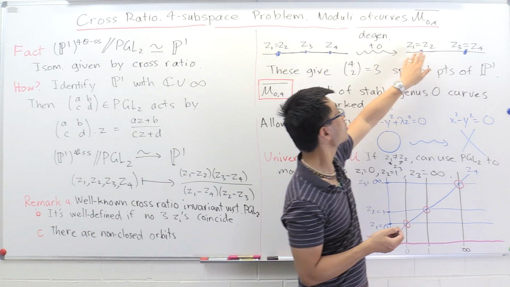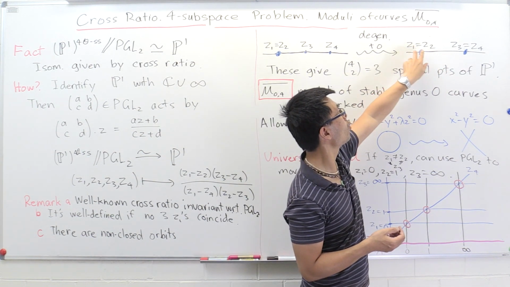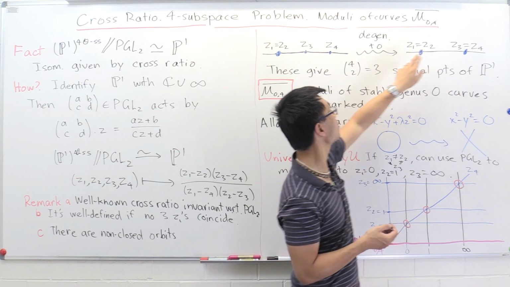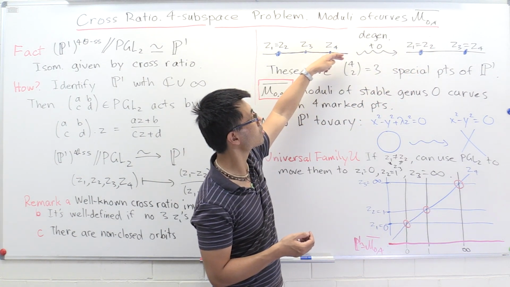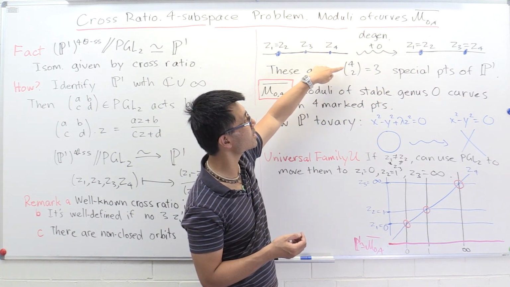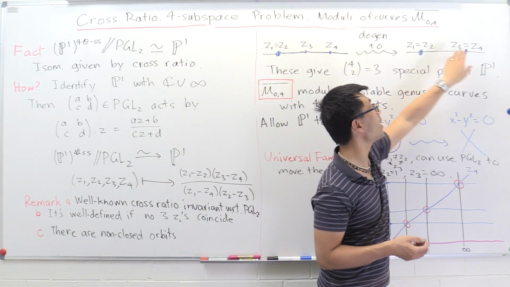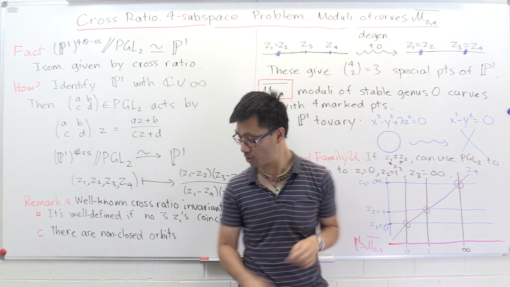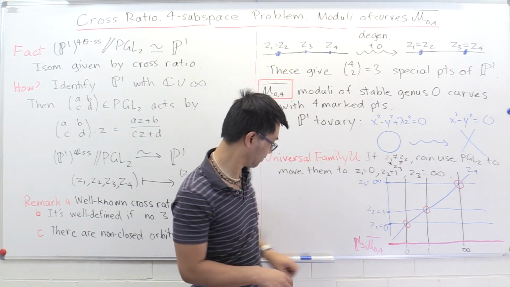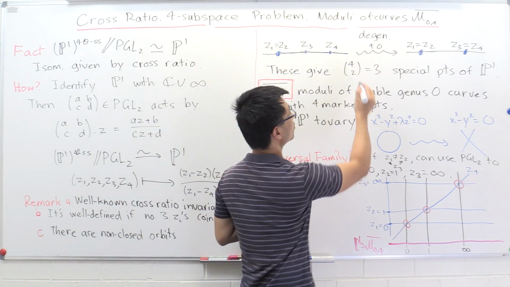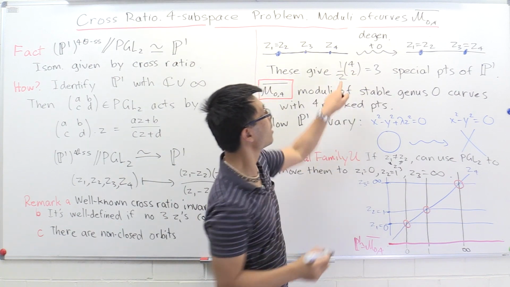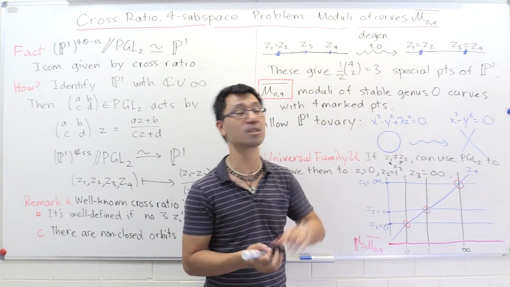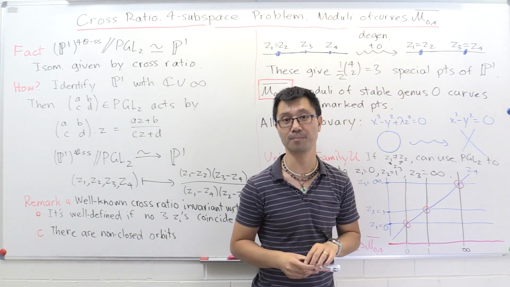So you want to choose 2 of them out of 4. So that's 4 choose 2, which is 4 times 3, so 12, divided by 2 is 6. And then, of course, since it didn't matter whether you choose Z1 and Z2 or Z3 and Z4, you divide that by 2. So you really should put a half here. You get 3. So there are 3 special points of P1.